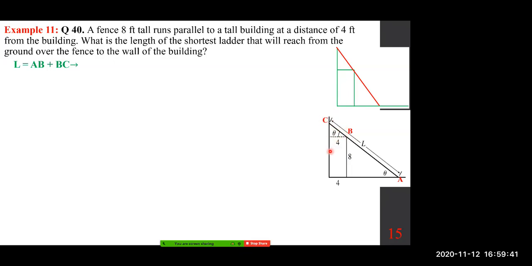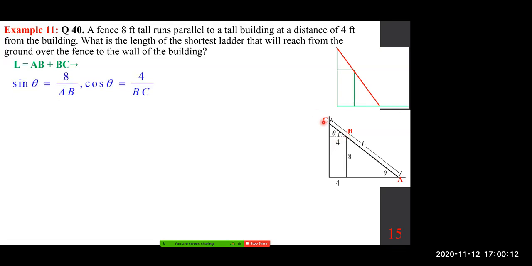So we are going to relate each one to theta. If you look at this one, sine theta is the opposite, which is 8, over the hypotenuse, which is AB. If you look at this small one, cosine theta is the adjacent, which is 4, over BC.